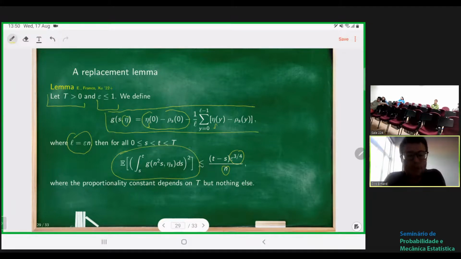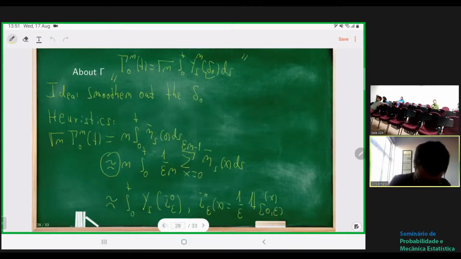In the non-nearest neighbor case, you should be able to do this if your transition probability has third or fourth moments. I'm not completely sure. We use the local central limit theorem for that. For this, you need moments of order 3 or 4. So this is probably true also not only for the specific process that we are looking at. And once you have this lemma at hand, all this approximation essentially becomes trivial.